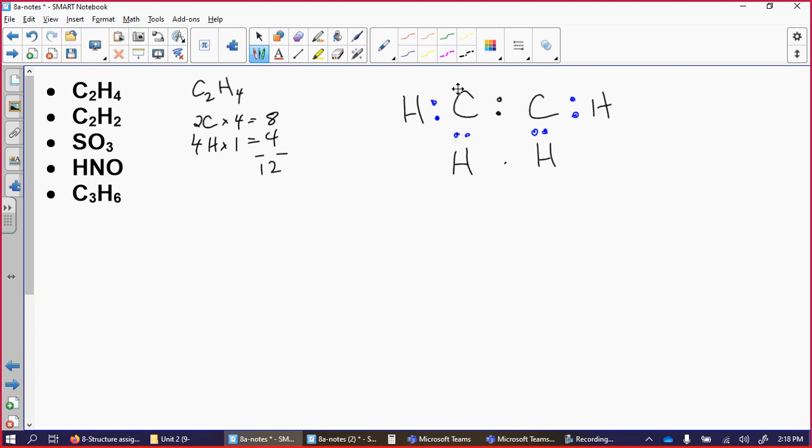Adding electrons to both gives us 2, 4, 6, 8, 10, 12, 14, which doesn't make sense, so I'm going to get rid of those. Where can I put them? In between the carbons. So this carbon has 8, the carbon on the right has 8. Everything's happy in terms of a structural diagram.